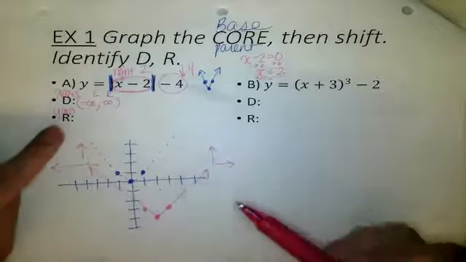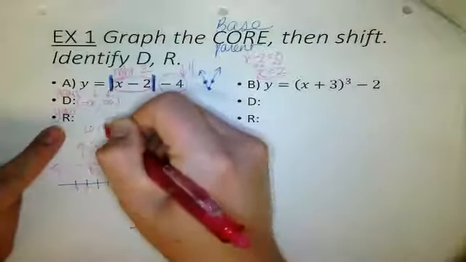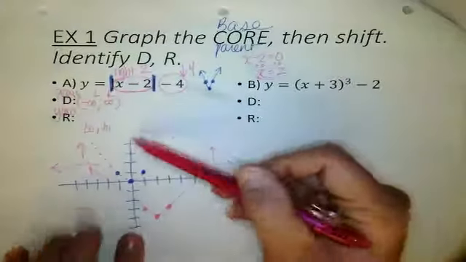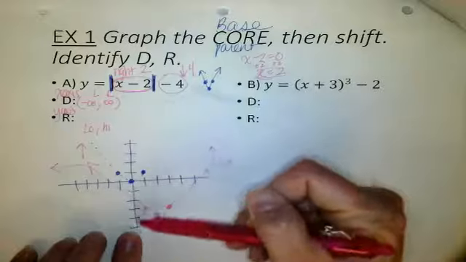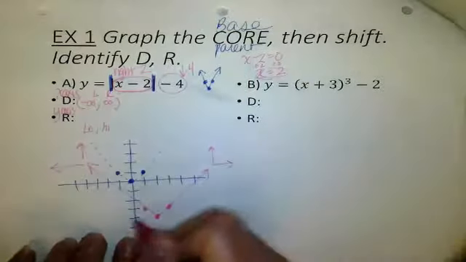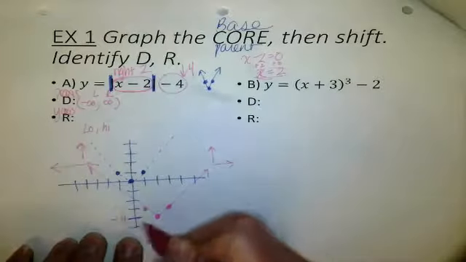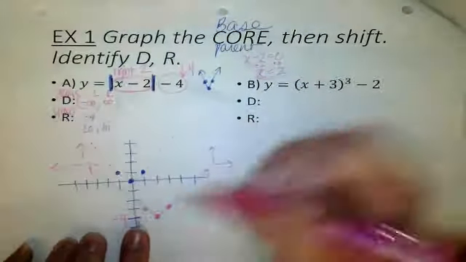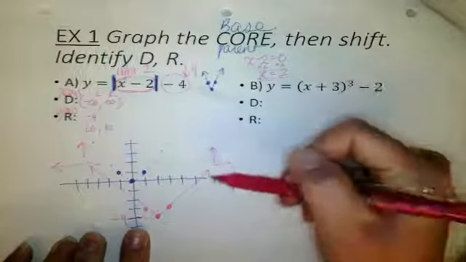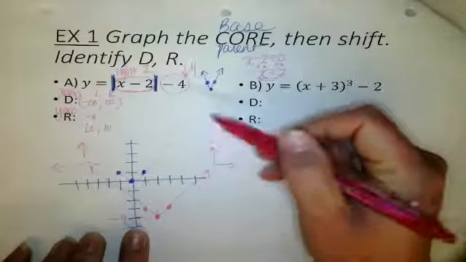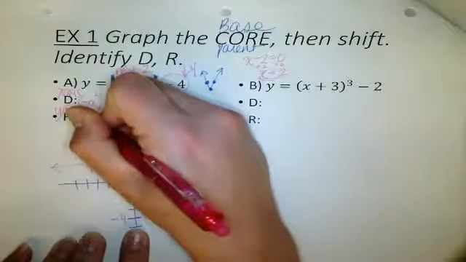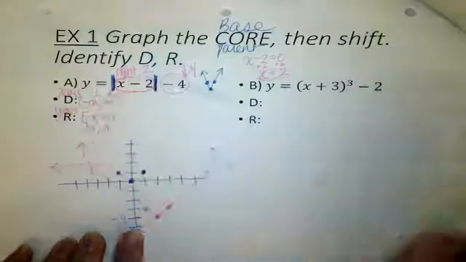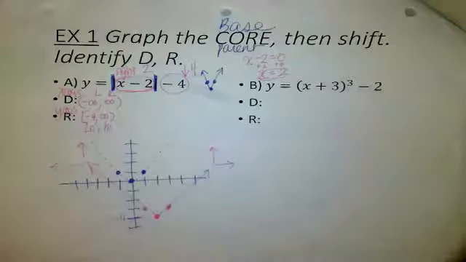On the y-axis, we want to know how low and how high does our graph go? What is the lowest y value? Right here, negative 4 is that lowest y value. So negative 4 is the lowest. What's our highest y value? Yeah, it goes to infinity, so we want to say infinity. And we can put a bracket around the 4, a parenthesis around the infinity.